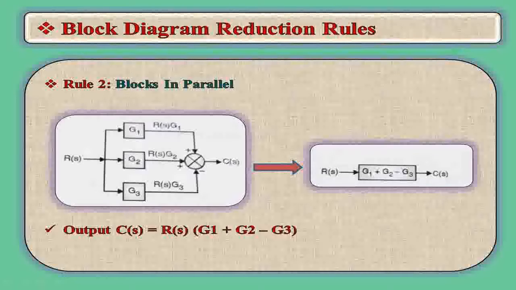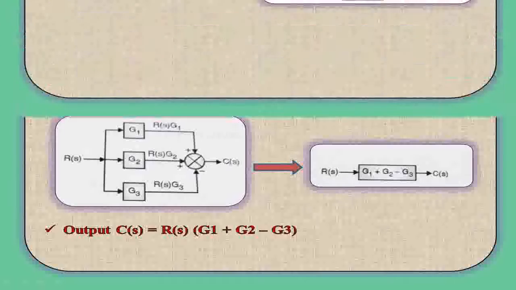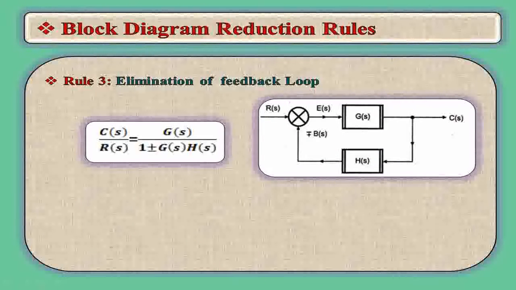Okay. Now next is rule number 3, the loop elimination. We have already derived in our last video lecture that the gain of the closed loop system with negative feedback and positive feedback is defined as G(s) divided by 1 plus or minus G(s) H(s).